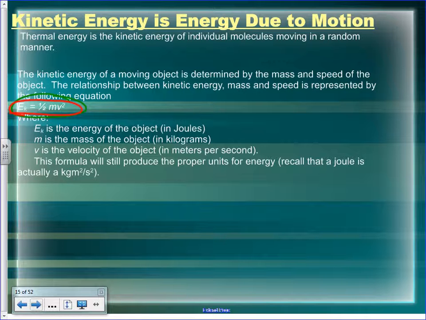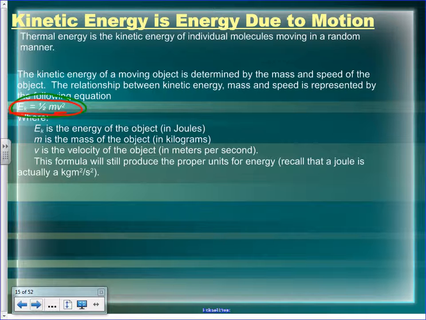If I were to triple my speed, I would have 9 times as much kinetic energy as I had before. It's an exponential relationship. Everybody with me there? It's important to remember that there is an exponential relationship between speed and kinetic energy, because as a result, there's also an exponential relationship between speed and the amount of work needed to stop you.